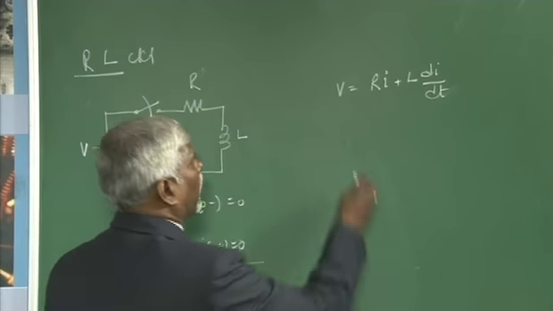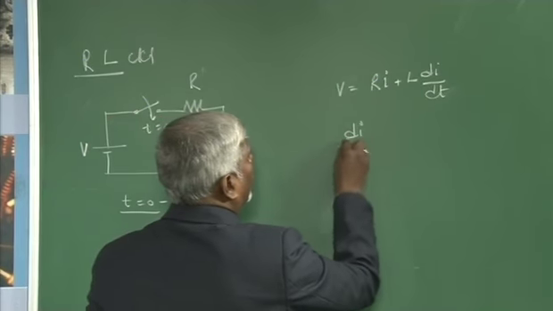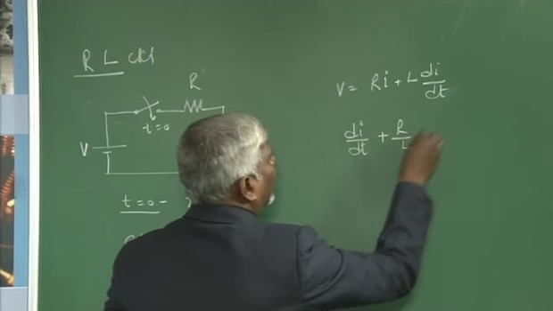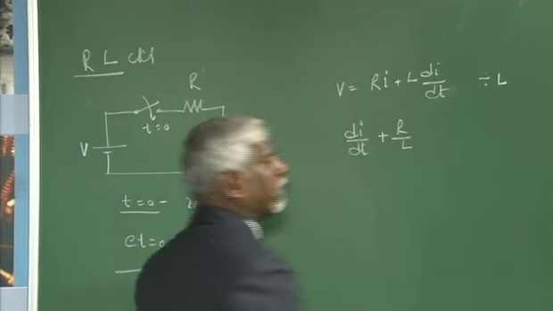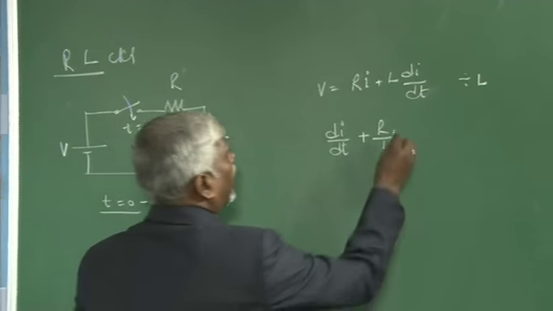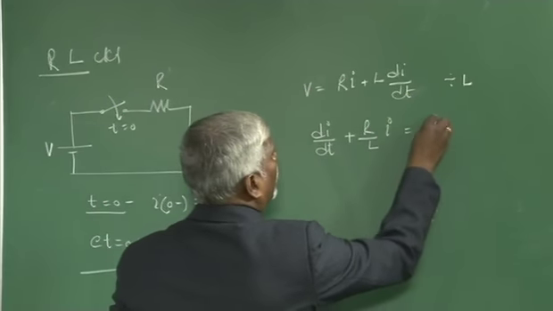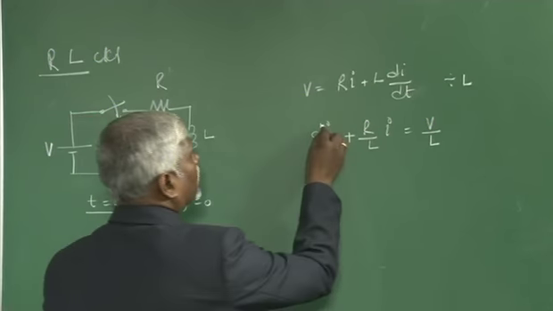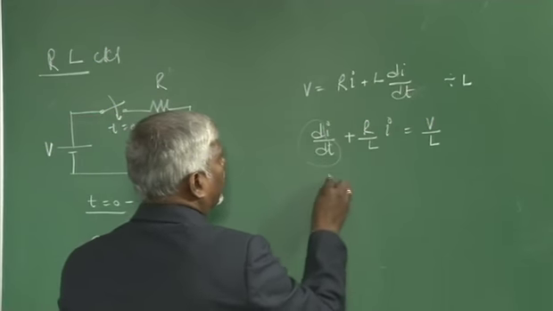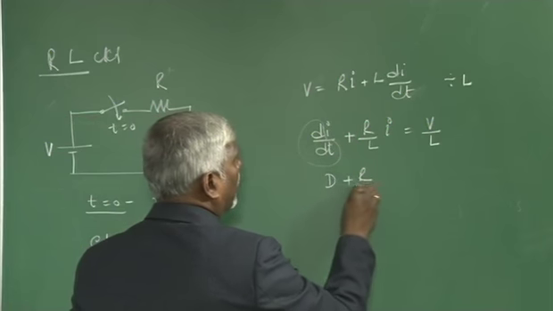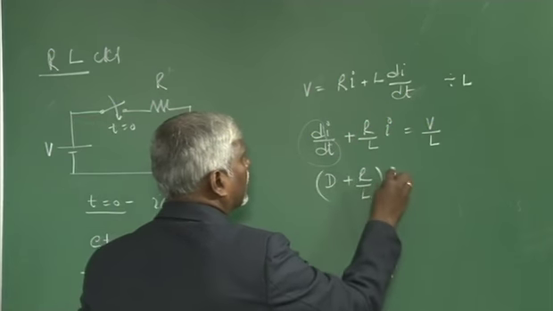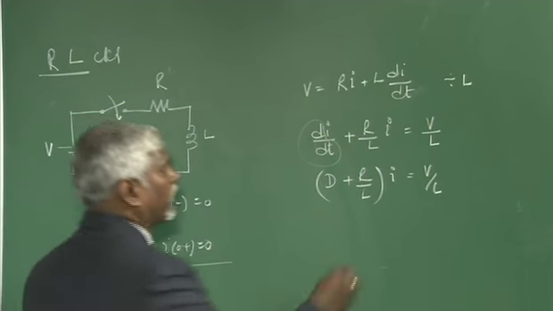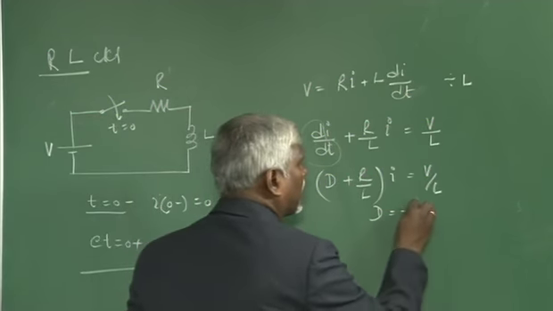Divide throughout by L: di by dt plus R by L into I equals V by L. Find the root of this equation, expressed as D plus R by L, taken out, I equal to V by L. What is the root of this equation? The root of the equation is D equal to minus R by L.